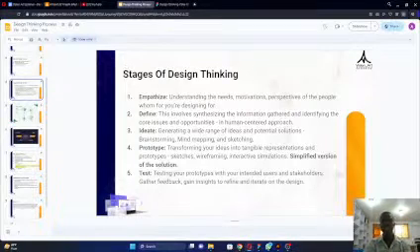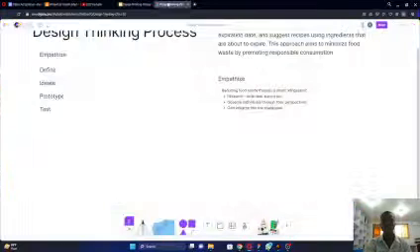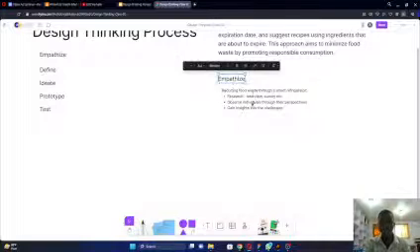Then the next stage is to define. Define involves synthesizing the information gathered and identifying core issues and opportunities. Now, how do we come up with some core issues and opportunities? So let me duplicate this.